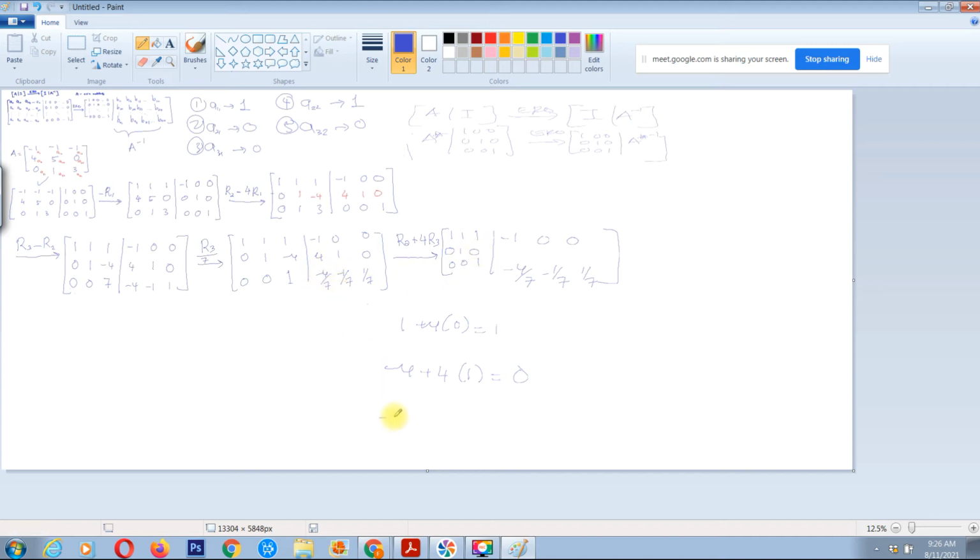Then negative 4 over 7 plus 4 times R3's 4, use the calculator. Negative 1 over 7 plus 4 times 1, use the calculator.